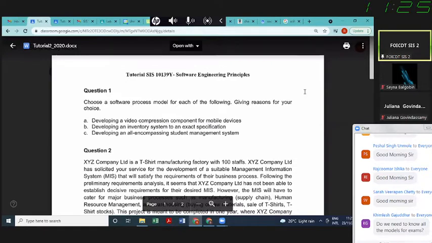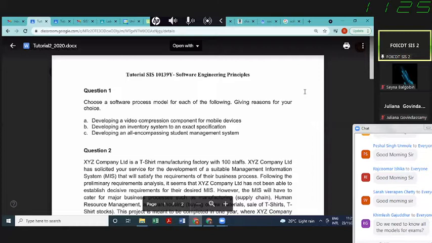So I would think we would go more for some rigid process, especially since here the software is being written for everyone in the world. It's a video compression component that's going to be used on all mobile devices. So we need to ensure that the software is of adequate quality.